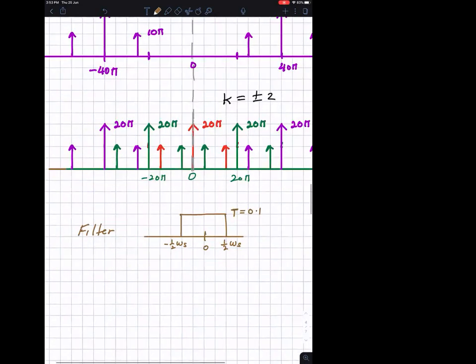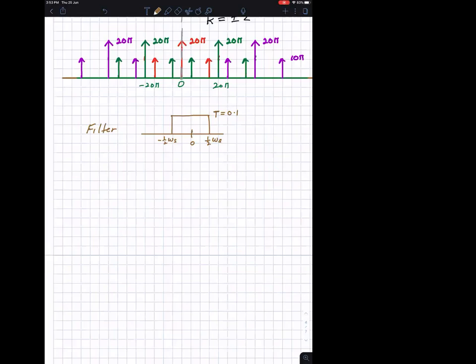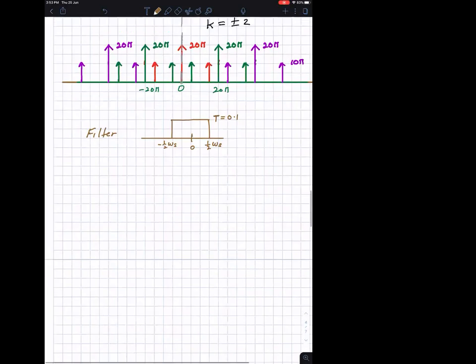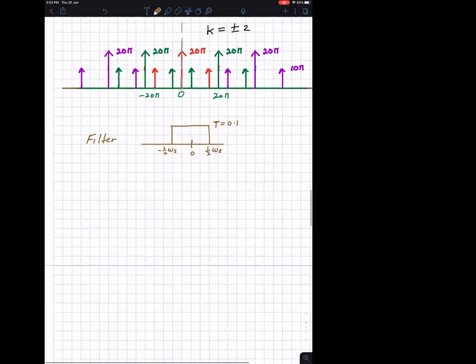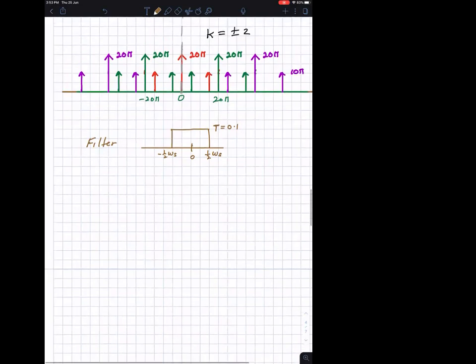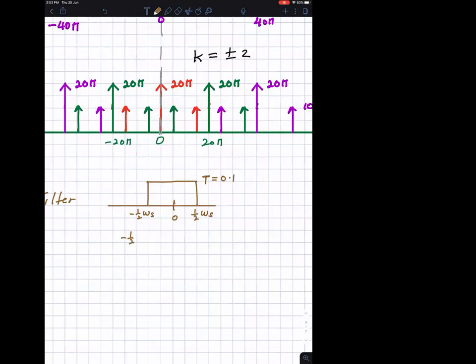So now you're going to take this filter, one half the sampling frequency. What was the sampling frequency again? 20 pi, right? 1/2 of 20 pi.